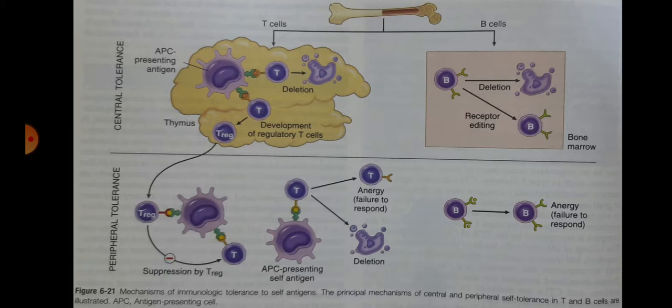In humans, these mutations are the cause of a systemic autoimmune disease called IPEX, which is an acronym for immune dysregulation, polyendocrinopathy, enteropathy, X-linked.